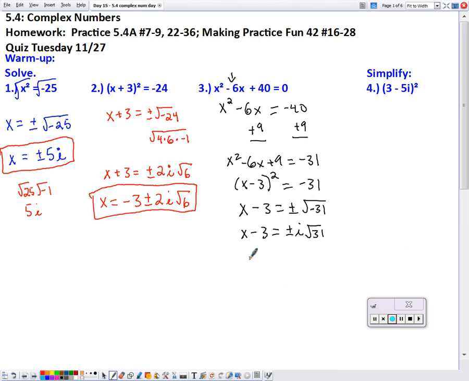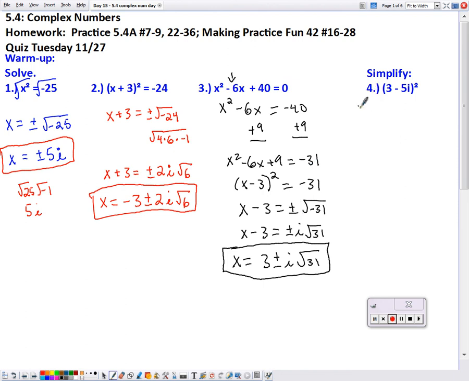I'm going to add 3 to both sides, and my final answer is 3 plus or minus i root 31. I want to point out, if you had used the quadratic formula to solve this, underneath your square root you would have had something bigger that reduced. By completing the square, we have the least arithmetic.